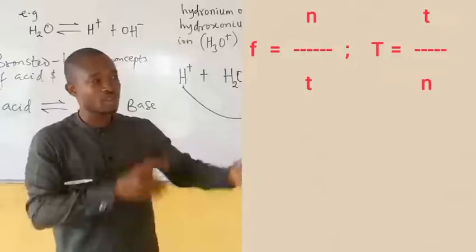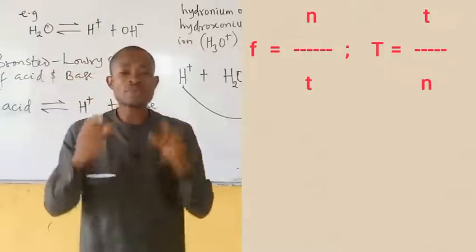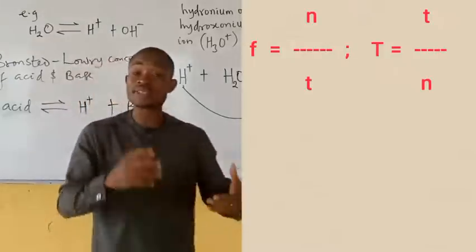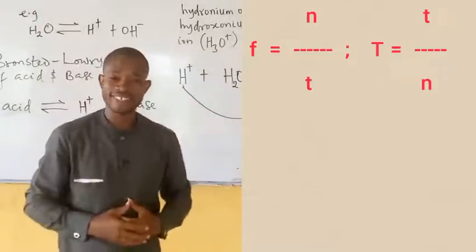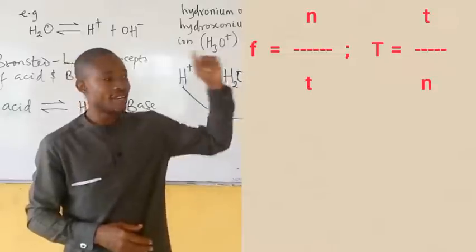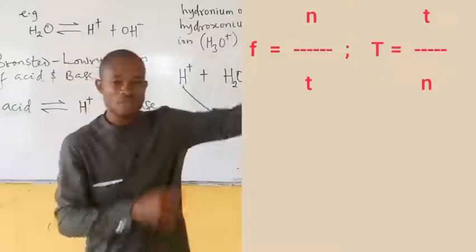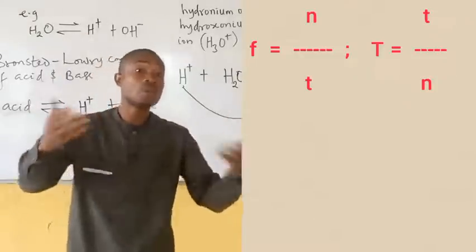Period, capital T, is equal to small t over what? N. You can see that the frequency formula and the period formula are simply inverse. One of them is the reciprocal of the other. Okay? Frequency, n over small t. And then period, capital T, is small t over n. So it's as if you turned that frequency formula upside down, right?